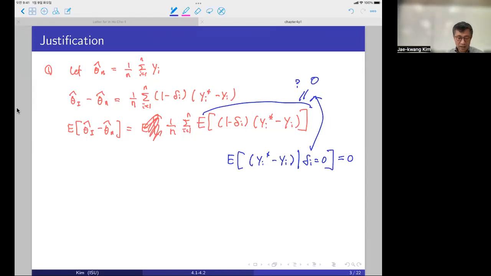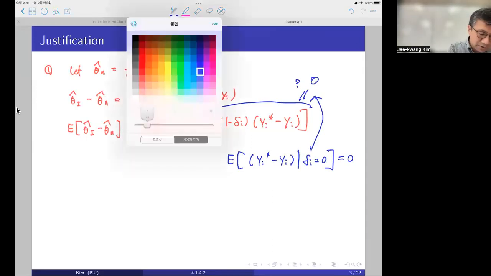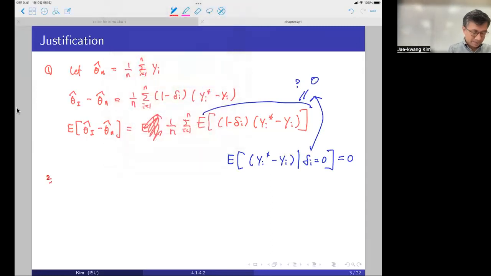That is probably the weakest possible assumption. I think it is sufficient and necessary, because we want this to hold for all Y.